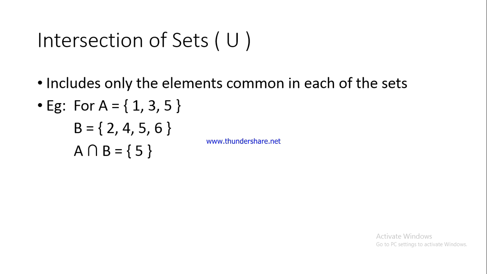Let's take an example. For example, A has got three elements. Again, we are continuing with the same example. We are using the same values to discuss the various concepts. Now A is equal to 1, 3, 5. It has got three elements, while B is equal to 2, 4, 5, 6. It has got four elements. What is A intersection B?